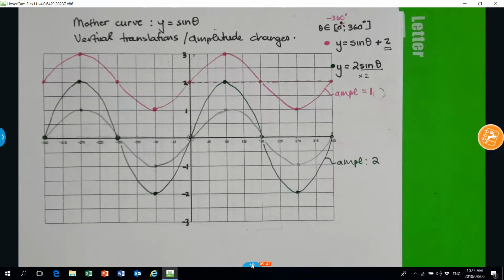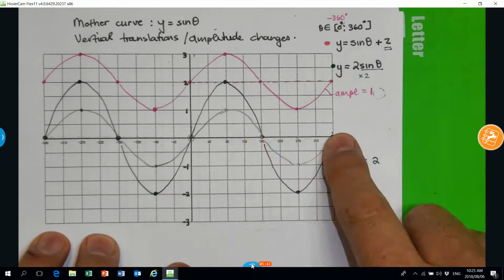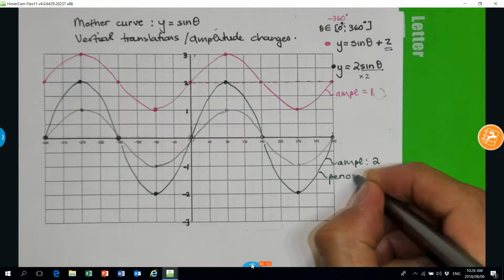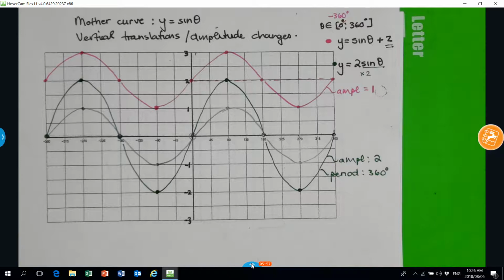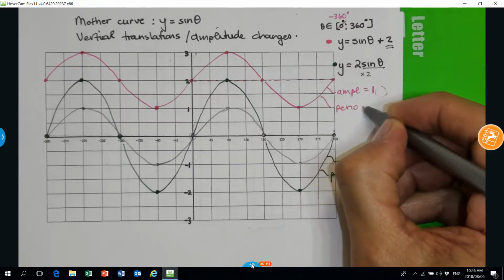The period for the curve did not change. Look at the sine curve. That's one full cycle. It's still one full cycle for both of them. So my period here is still 360, and my period for the pink one will also still be 360.